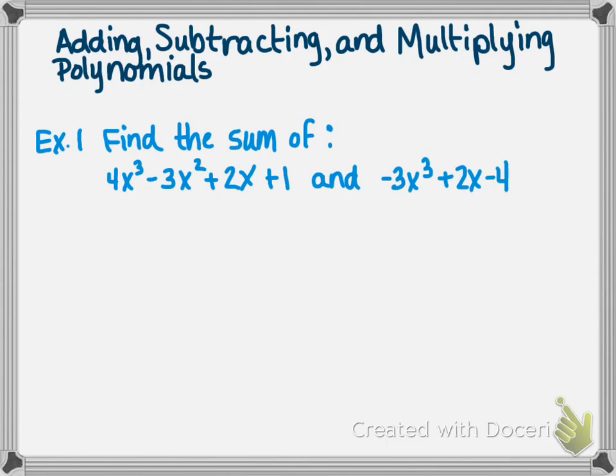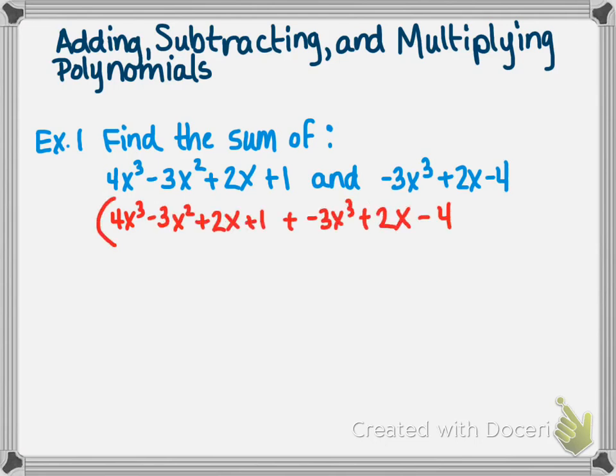So first, horizontally, we would just write 4x cubed minus 3x squared plus 2x plus 1 plus negative 3x cubed plus 2x minus 4. Now let's combine like terms. So 4x cubed plus negative 3x cubed is 1x cubed.